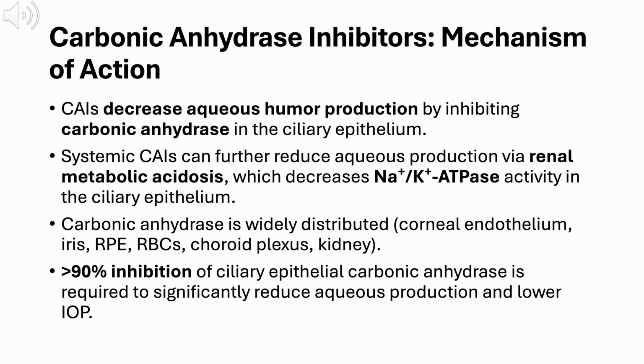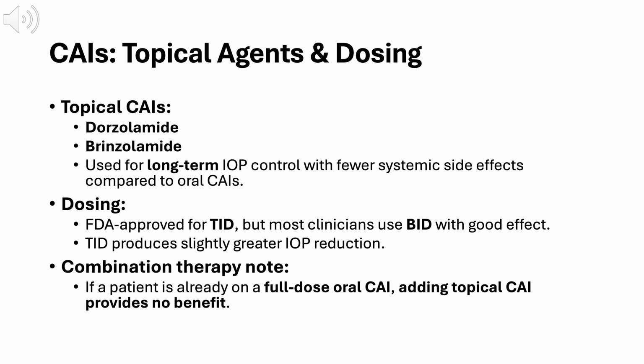For a meaningful drop in intraocular pressure, over 90% inhibition of ciliary epithelial carbonic anhydrase is needed. The main topical agents are dorzolamide and brinzolamide. These are often used for long-term intraocular pressure control since they have fewer systemic side effects compared to oral CAIs.